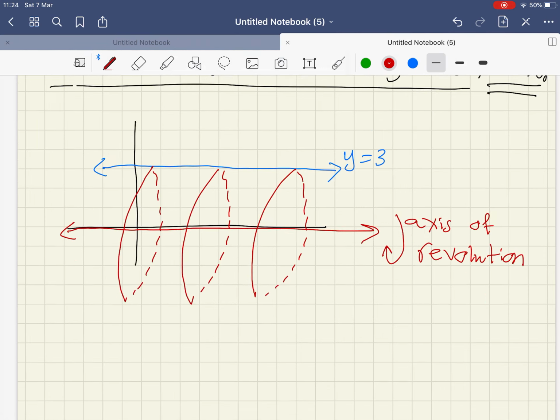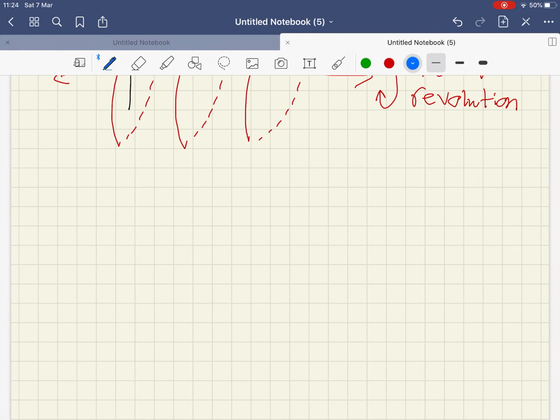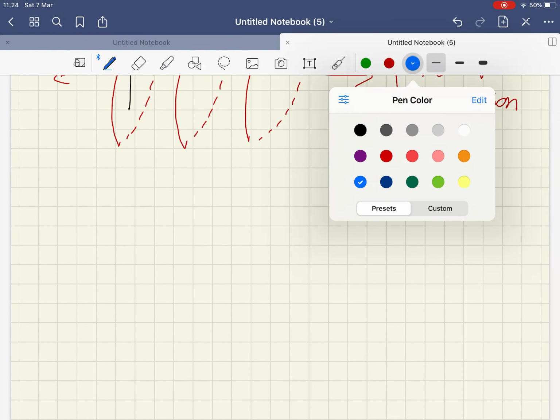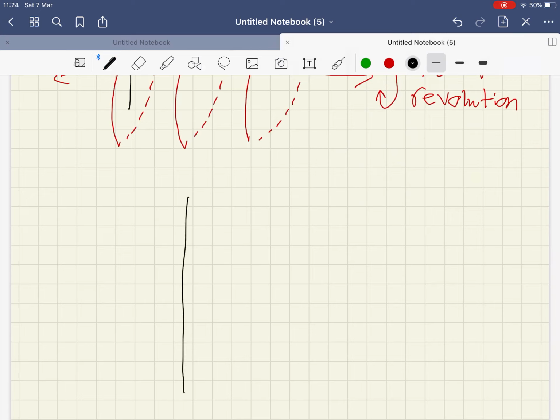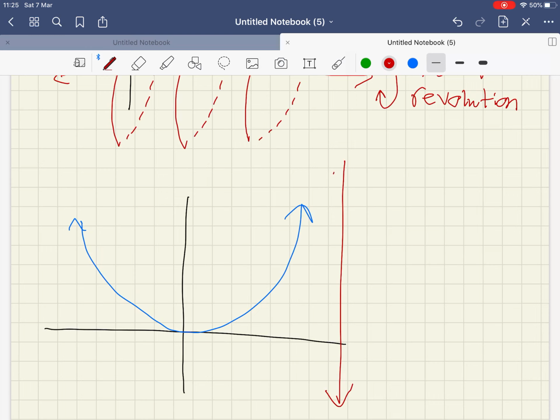Okay. Same thing can happen to any other function. Let's do another example for another function. Let me take this one. Take the famous parabola. And now let me rotate it on maybe this axis. I'm not sure what we will get.